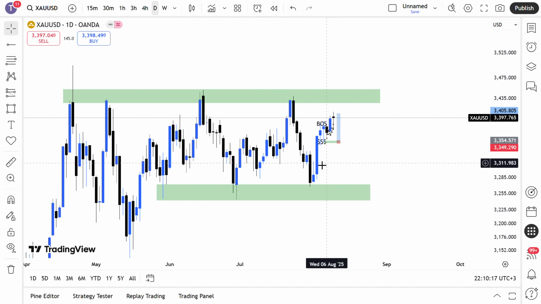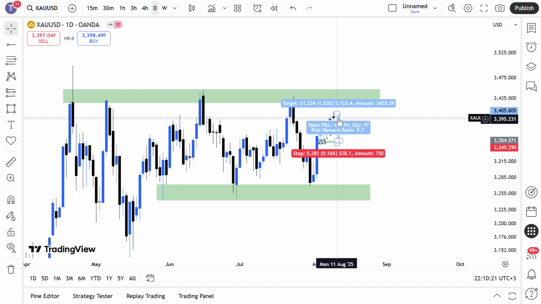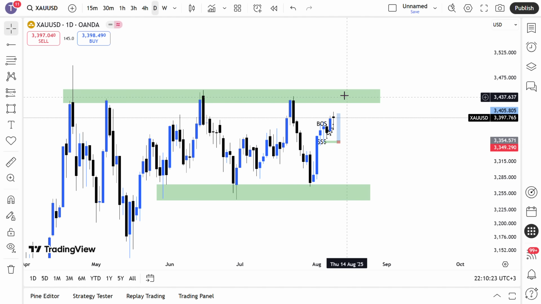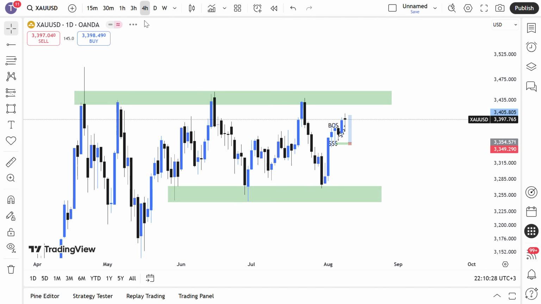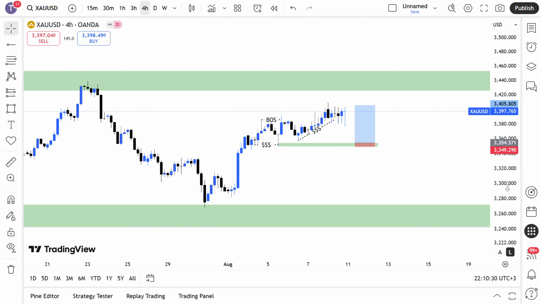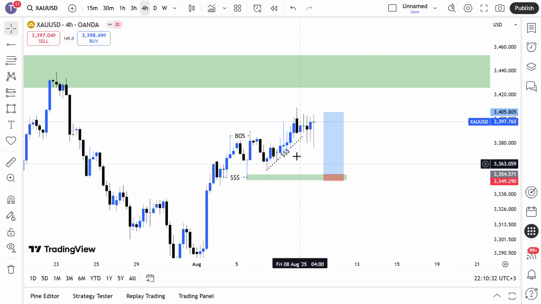So currently we are looking for buys from in between these areas to the upside until the price taps into this level. So the current setup that I want to show you is that if the market comes into this level without coming into our level that we marked, that means this setup will be invalid.